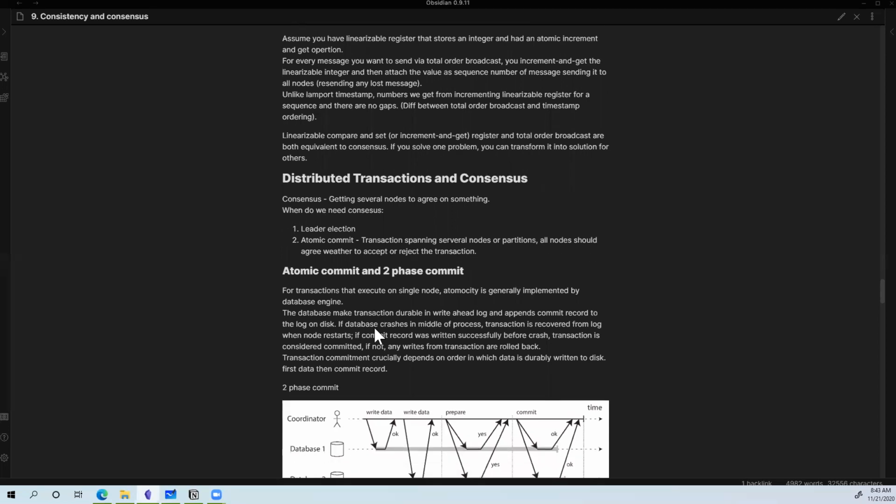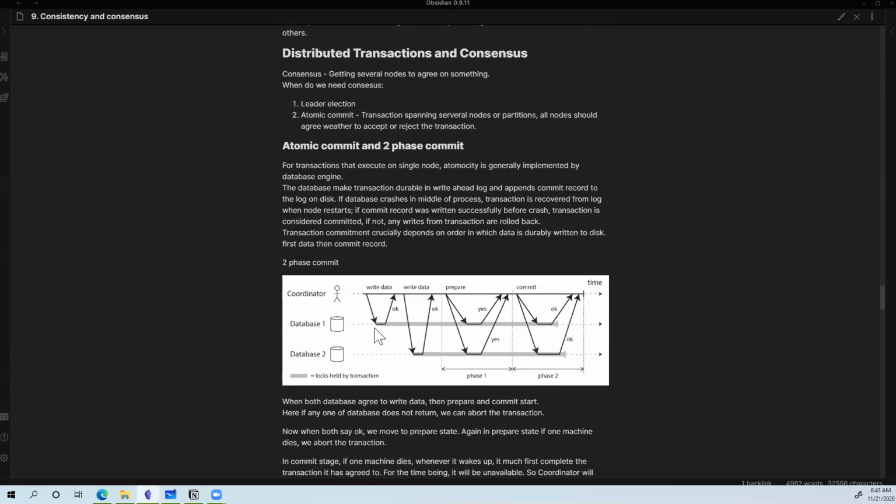Basically, a distributed transaction is, like we have seen in various scenarios, where there are two databases and something should succeed only when it succeeds on both of those different databases. In the chapter on transactions, chapter 7, we discussed how transactions could be done on a single node system, right?